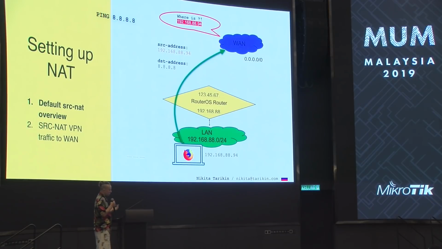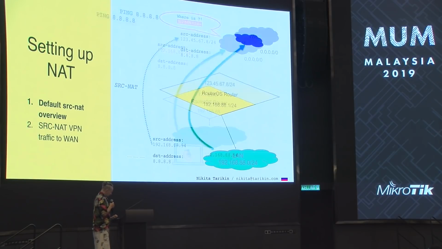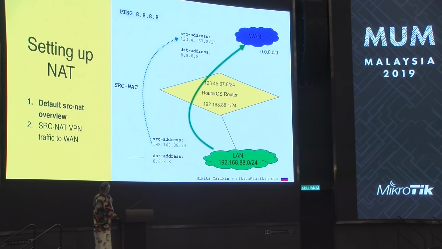You try to understand what's going on. Is it maybe a firewall problem? No, it's a NAT problem. Your ping is not working because you don't set up NAT properly. So what NAT actually does is replace the private IP address with the public IP address. So after that, Google knows where to send back replies.